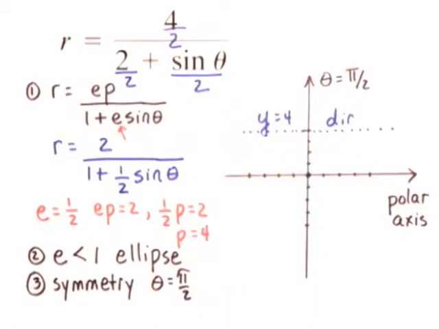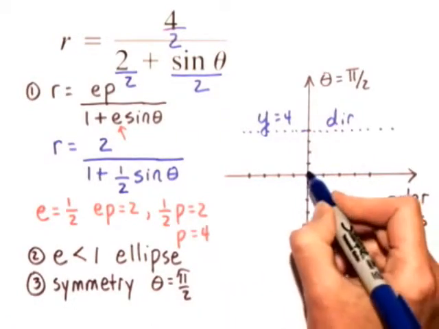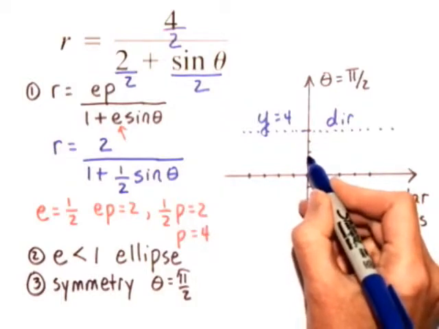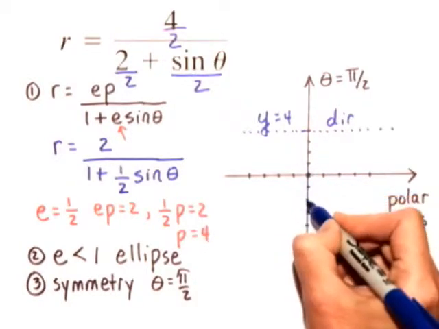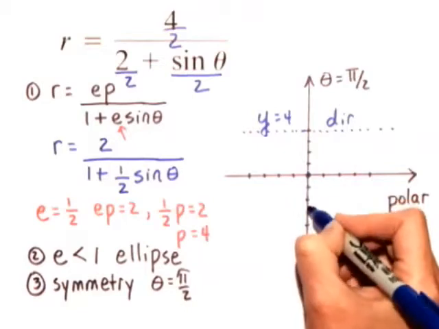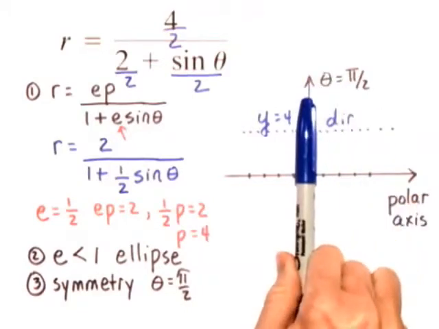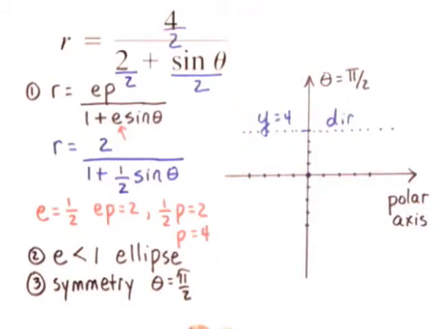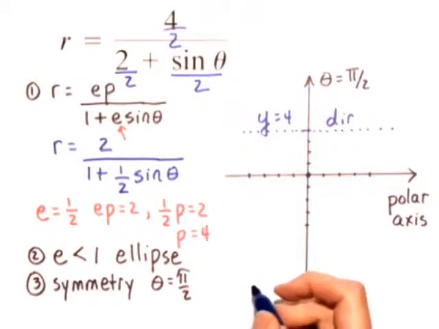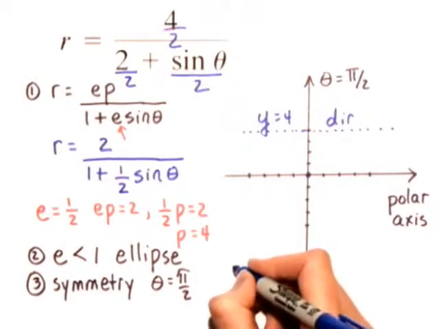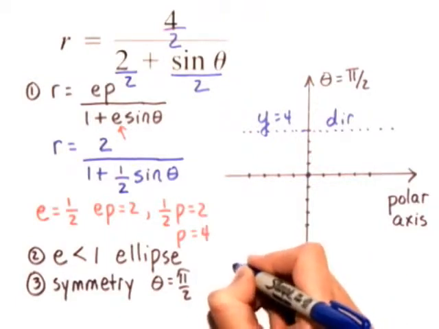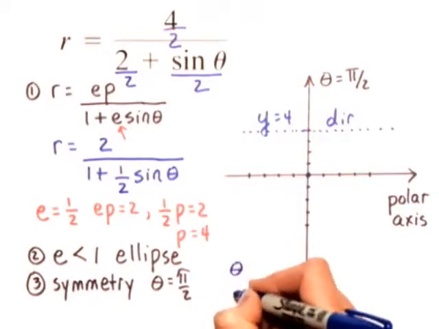And we know that we can simply choose theta equal to pi or theta equal to 3 pi over 2, and we'll find out where the ellipse is along its major axis, which is the y-axis, or the line theta equals pi over 2. So let's let theta equal pi over 2 to find the first vertex. We'll make a little chart here with theta and with r.